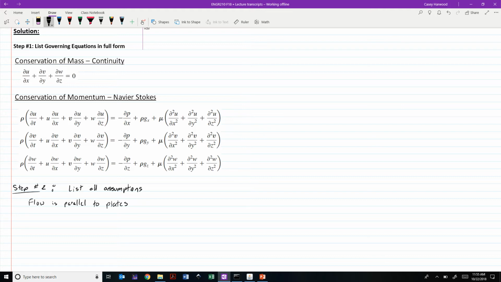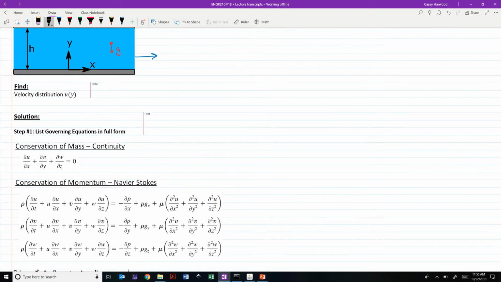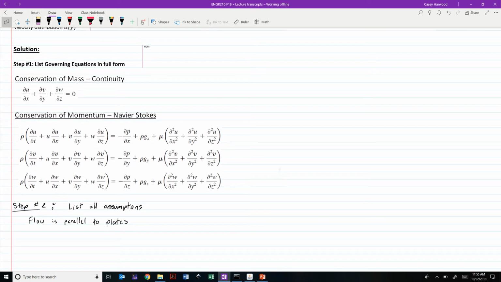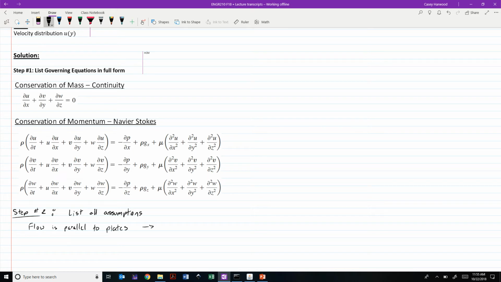If we look here, we're assuming that the flow is just occurring horizontally. Right? So this indicates to us that v is going to be equal to 0. Right? That there's no vertical component of the velocity.